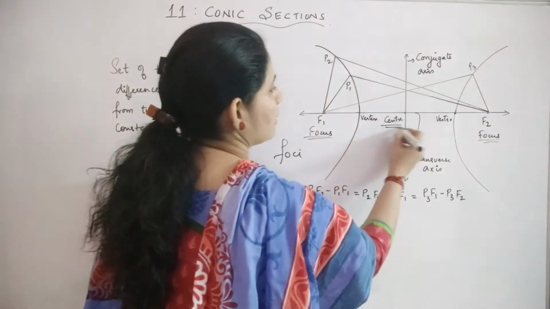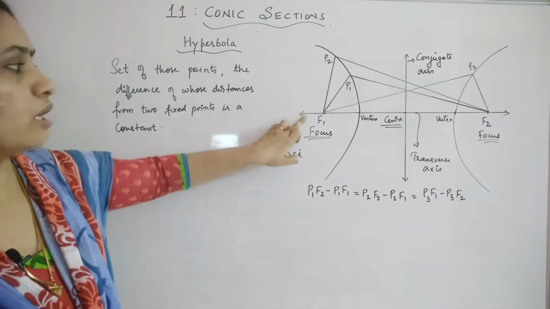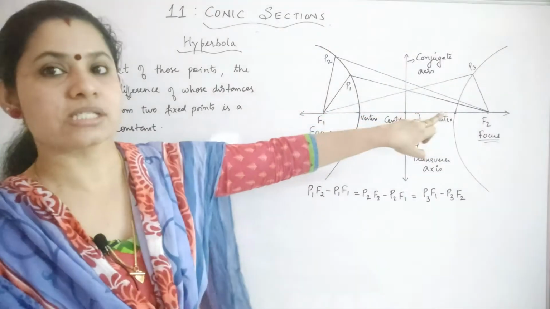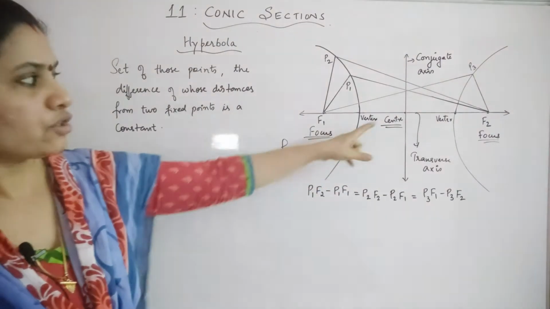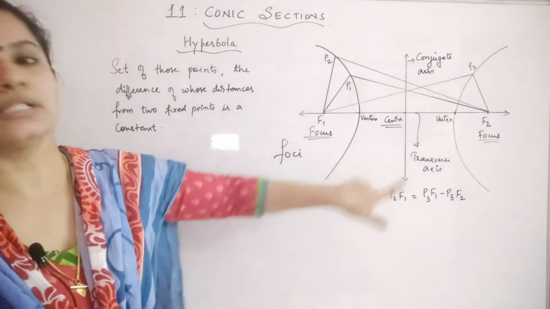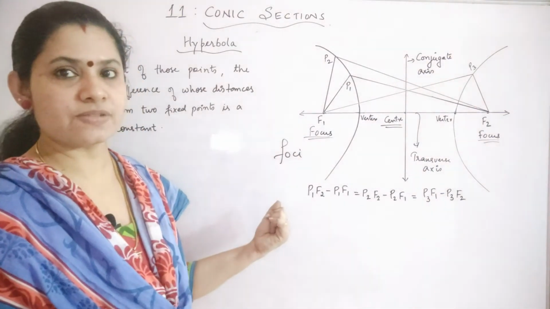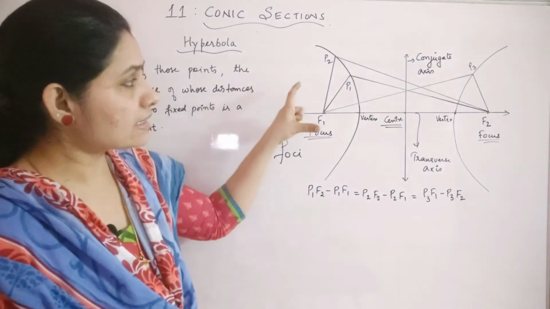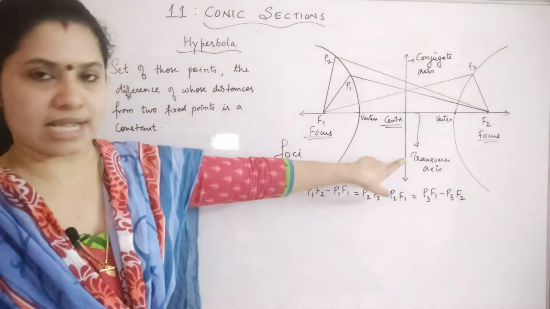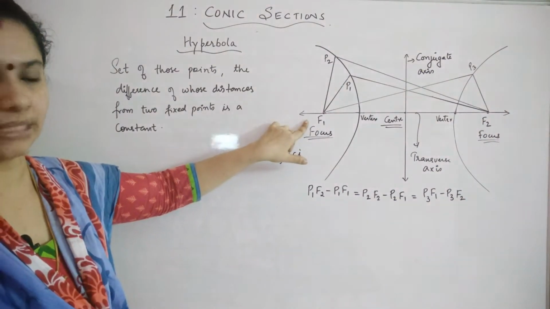Next, the line which is passing through f1 and f2, that is the foci, and through the center, is called the transverse axis. As in the case of ellipse where we have the major axis, in the case of hyperbola you have the transverse axis, and that major axis is also passing through the foci, you remember.